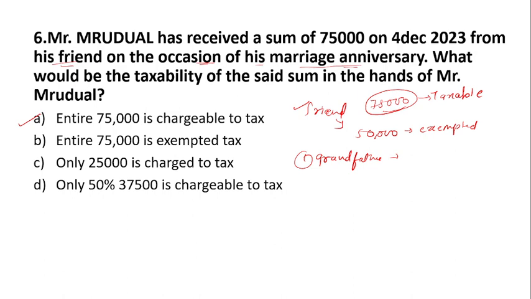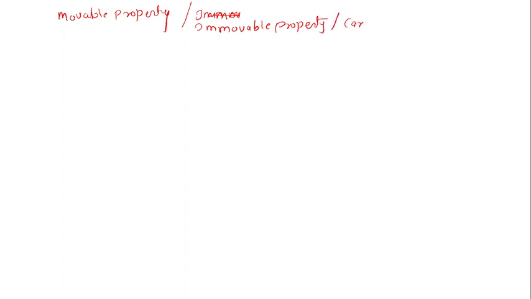So in case of movable property or immovable property, car, gold, if it is without consideration, the maximum amount of 50,000 is exempted, and the excess amount is to be charged.